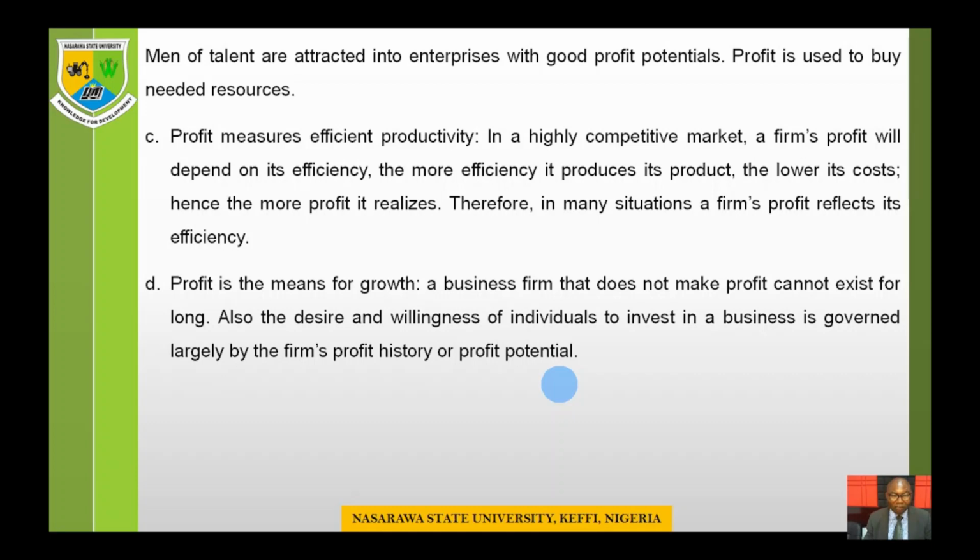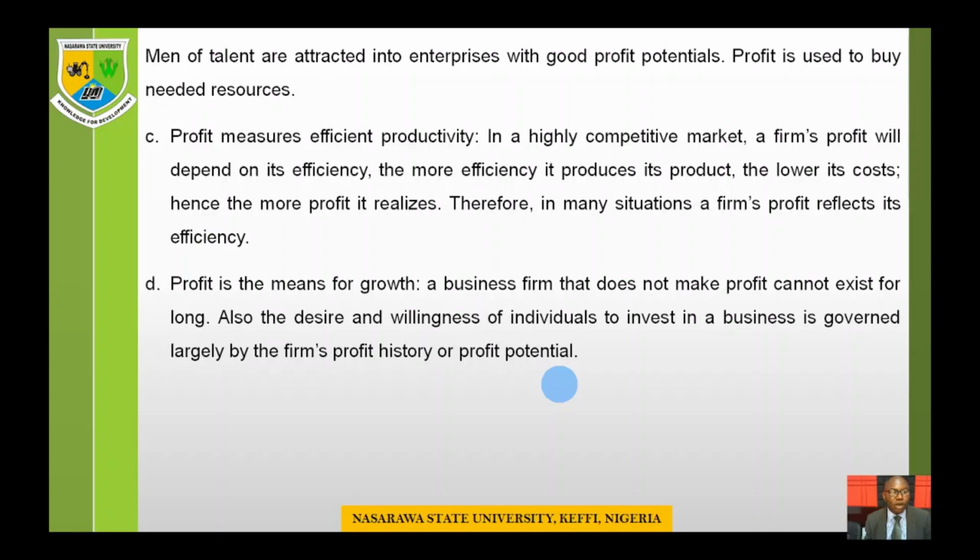If you have talent and you join an organization that is not doing well, over time you get frustrated because you are not going to be paid in accordance with your talent, in accordance with what you have potentials to do in the organization. So profit is used to buy needed resources.